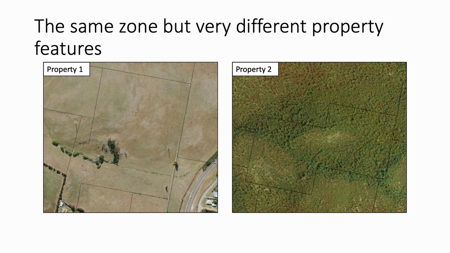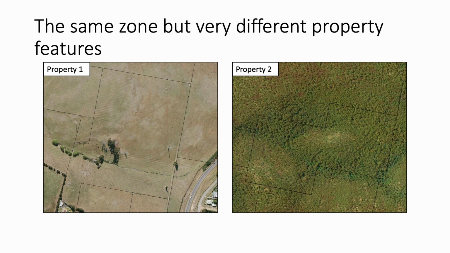As we move to the Tasmanian Planning Scheme, these two same rural properties have now been zoned differently. The pasture block is now zoned rural, and the bush block has moved to landscape conservation zone.